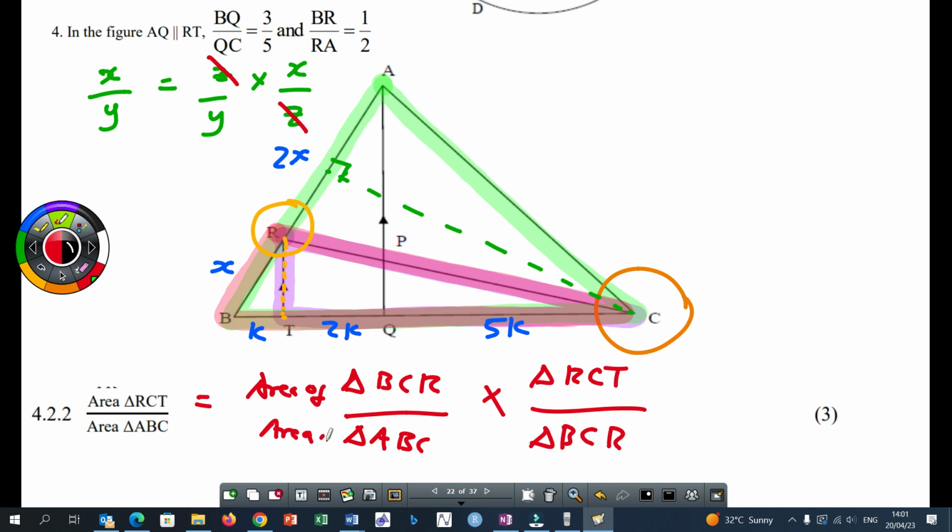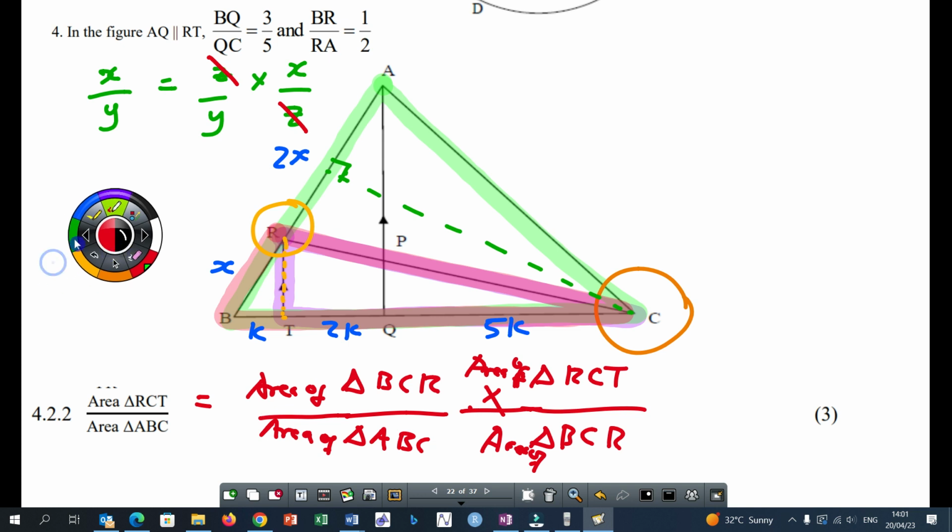Sorry, I'm supposed to write area. Please bear with me, please put area there. So it's area of triangle BCR divided by area of triangle ABC, times the area of triangle RCT divided by the area of triangle BCR.